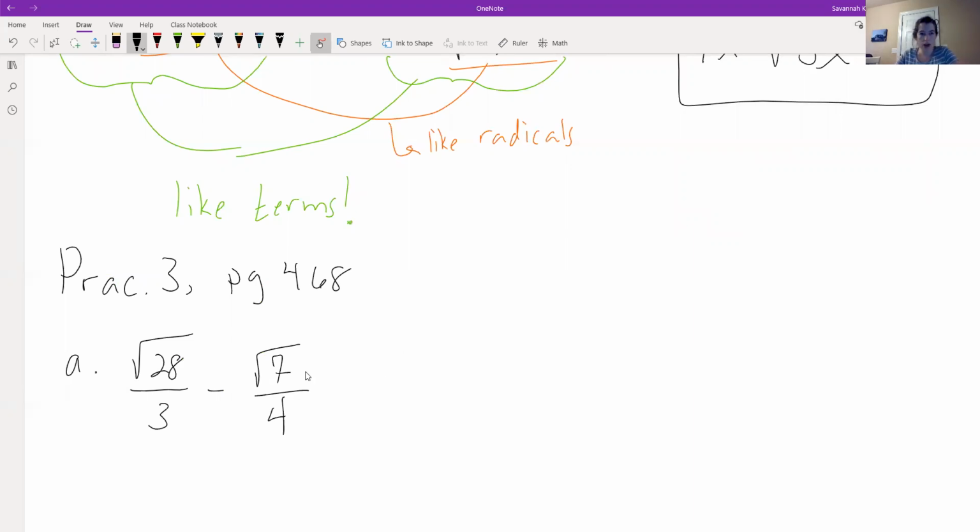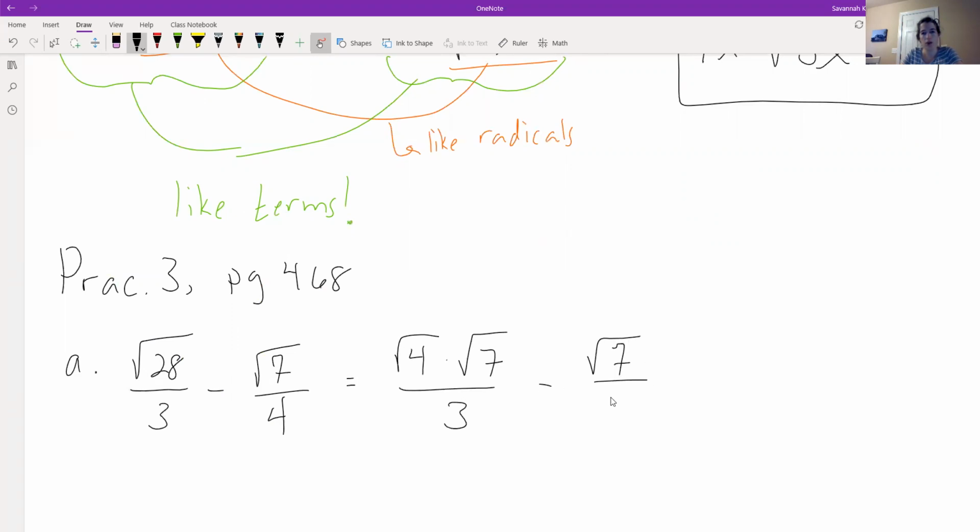So now we're going to have to think, you know, the like term idea from the previous problem is going to start to include common denominators, lucky us. So the only square root I can break down is the 28. And if I refer to my handy list of perfect squares, it looks like 4 times 7 is the way to go. So I'll handle that first.